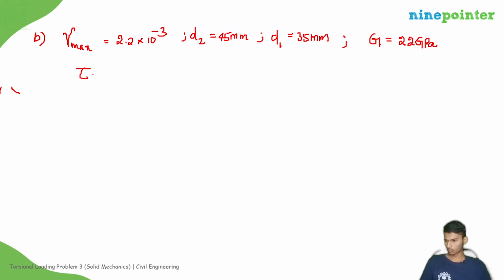So we need to find the maximum. We know that tau max is equal to G gamma max, and gamma max is equal to R phi divided by L. Phi is TL divided by GJ, right?